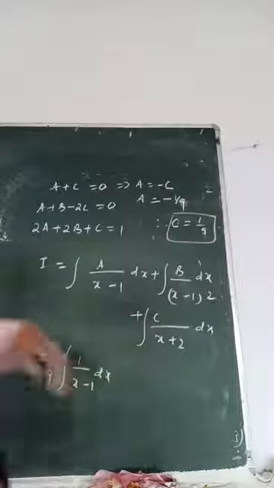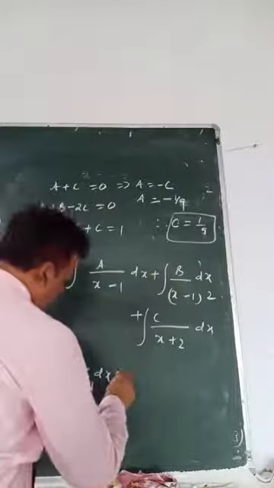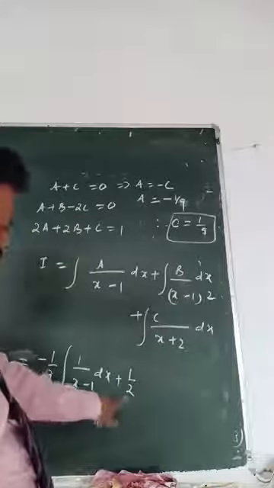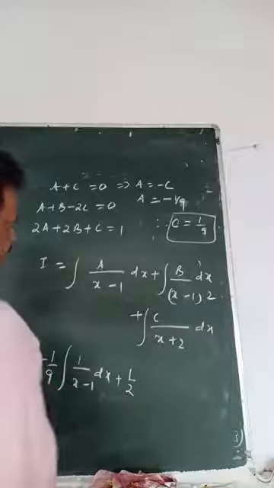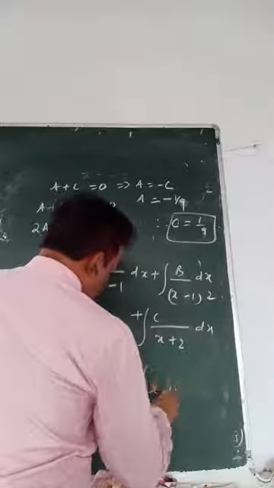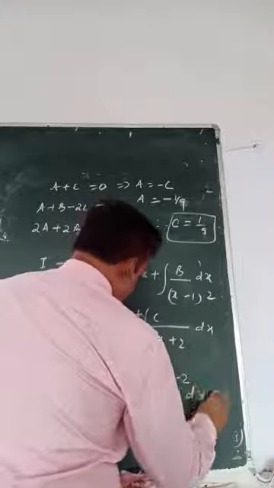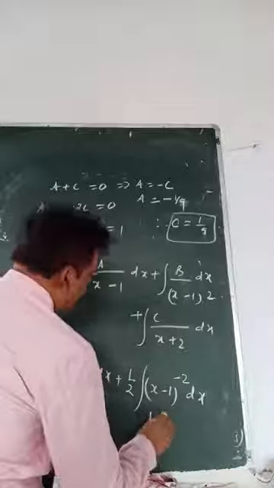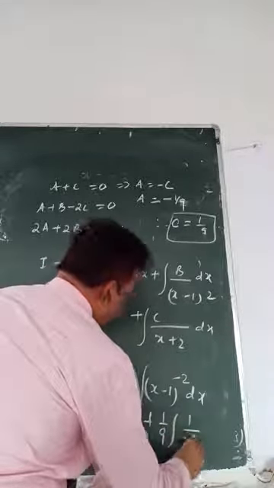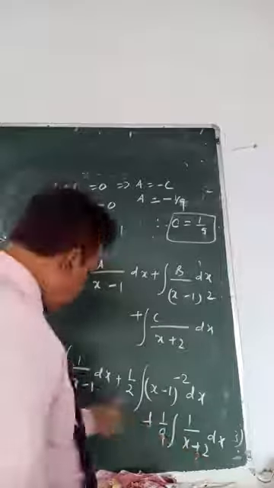So what you do is, let me take this one to numerator. B's value 1 by 2 or 1 by 3, something. Try to check. This is x minus 1 to the power minus 2 dx, plus c 1 by 9, 1 by x plus 2 dx. These two will be log because there is no power.